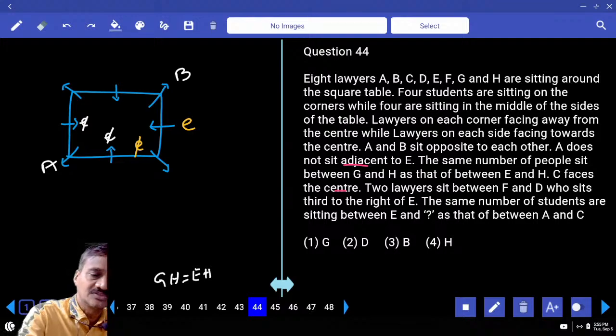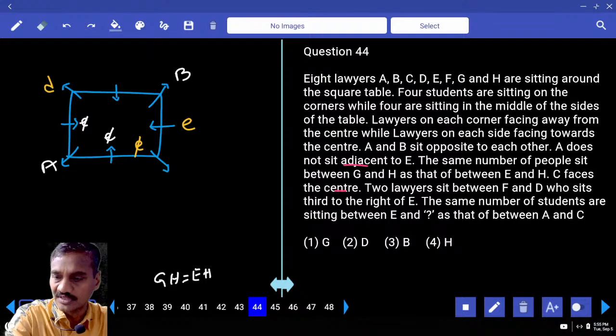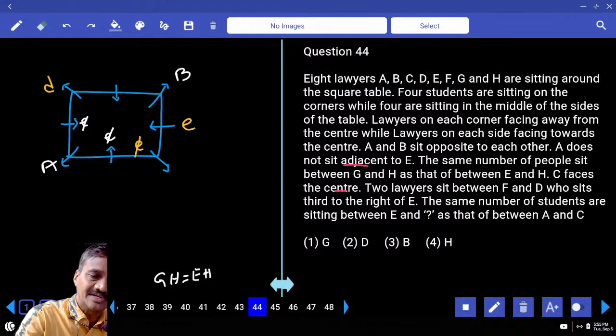If E is here, then D sits to the right of E, and there are two lawyers between D and F, and F must be here. And C is facing towards the center. There are two different possibilities. Then next one, G and H, E and H, and H must be exactly between, H is here, isn't it?